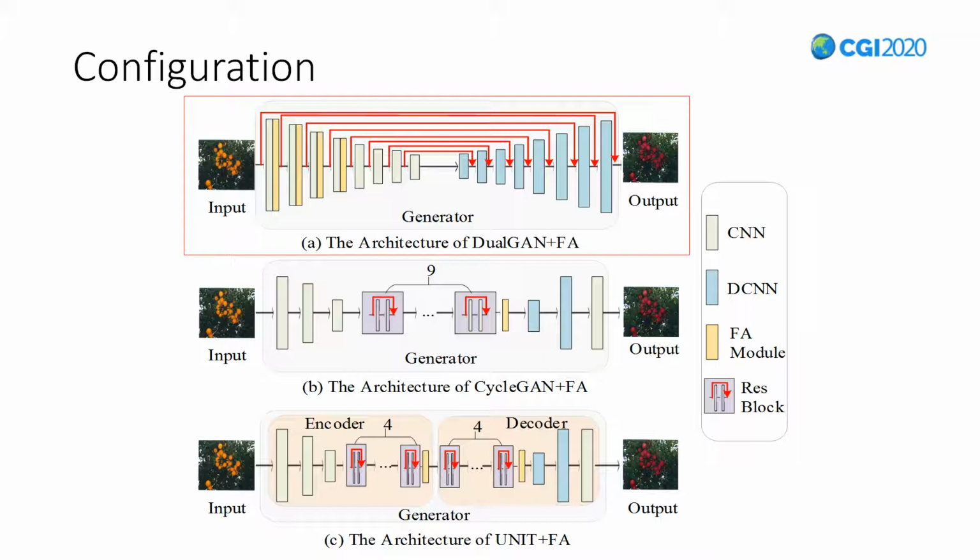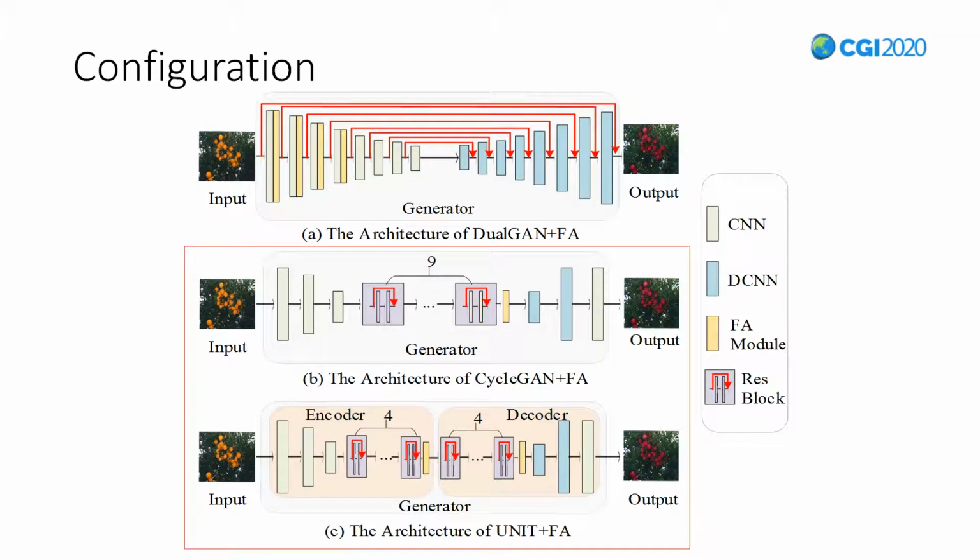Considering that our FA module is designed to capture the points or the regions of same objects, the feature maps in deeper layers may be too abstract to help capturing the same objects. Therefore, we add FA modules to each output of the first four convolution layers of a UNIT-like network.